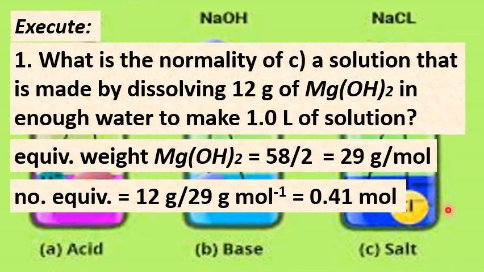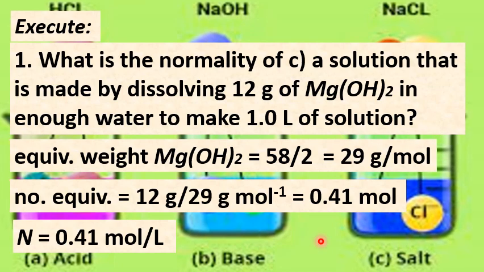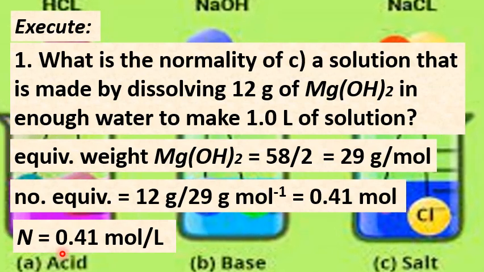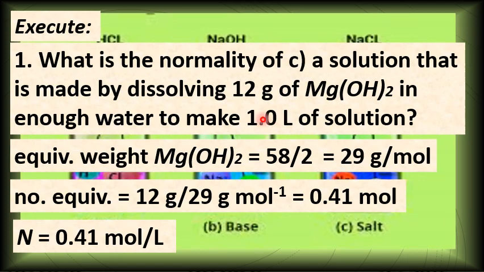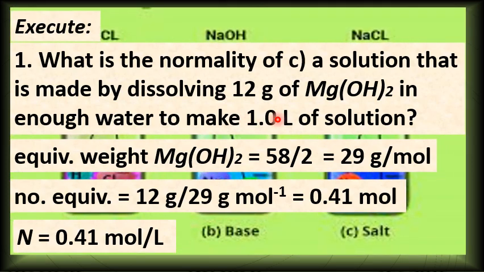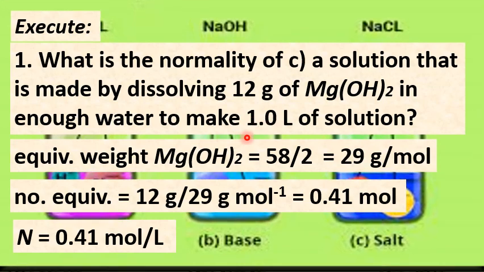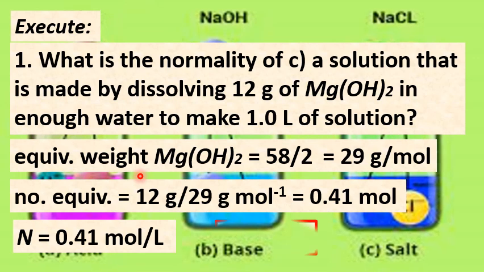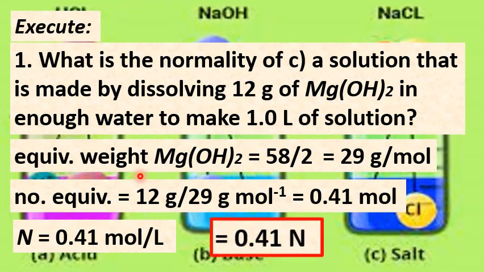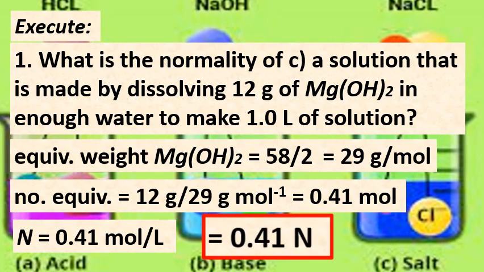Hence, the normality is also equal to 0.41 mole per liter, because the volume of the solution as specified in the problem is also 1.0 liter. Our final answer therefore is that the normality is equal to 0.41 normals.